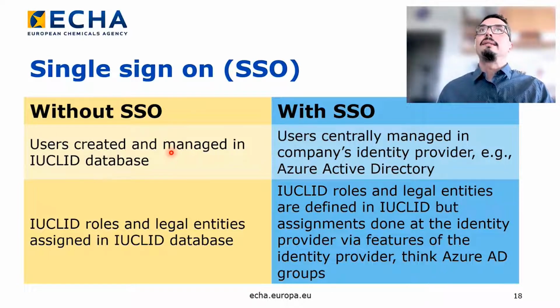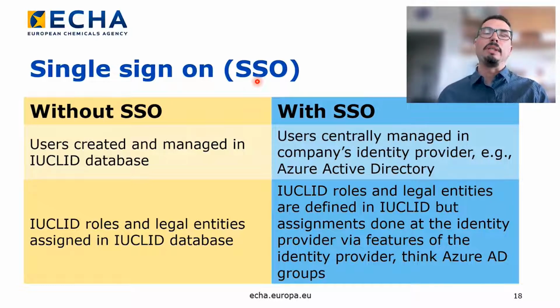With the single sign-on you have seen now, things have changed from how they were in the past. In the past, without single sign-on, users were created and managed in the Euclid database. Now, with single sign-on, users are centrally managed in the company's identity provider.